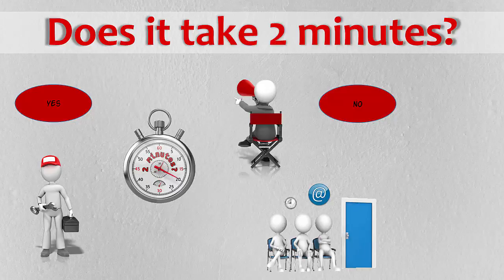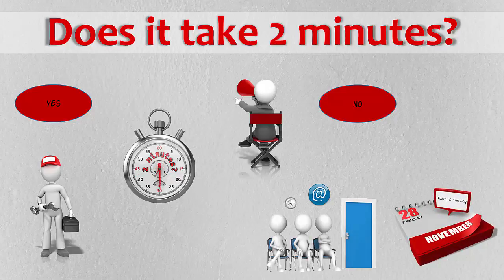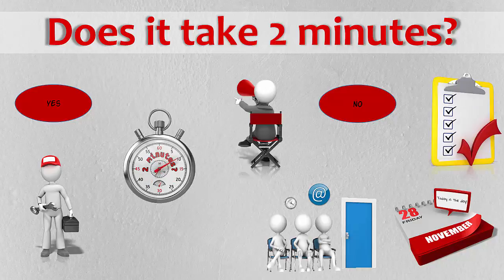And then, of course, there are things you're not waiting for anything, you cannot delegate, but you still cannot do them right now. And then you should either write them down in your calendar or in your to-do list. So the calendars are for things that can only be done at a certain date. So for example, you have a sheet in your hand and it says that there is a meeting on the 28th of November at 11 o'clock.